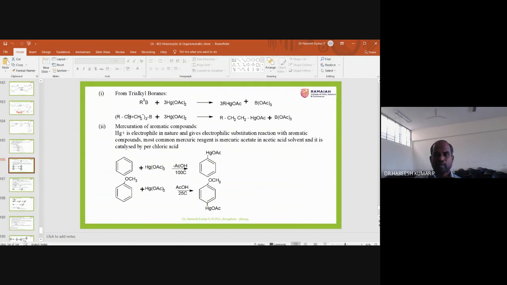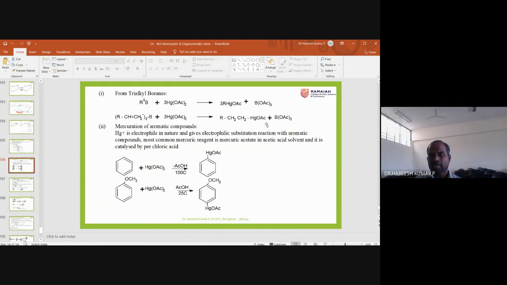Tri means trialkyl or trialkenyl, because a double bond is there. Trialkyl borane, when it is treated with mercuric diacetate, leads to the formation of what is called alkyl mercuric acetate.